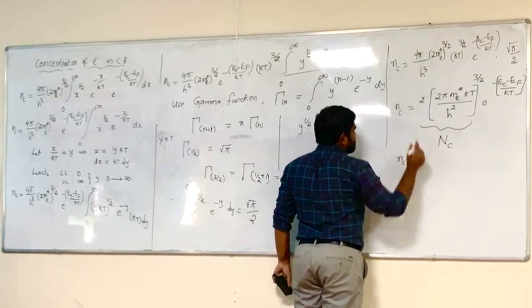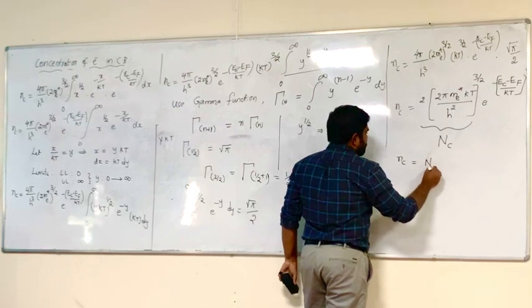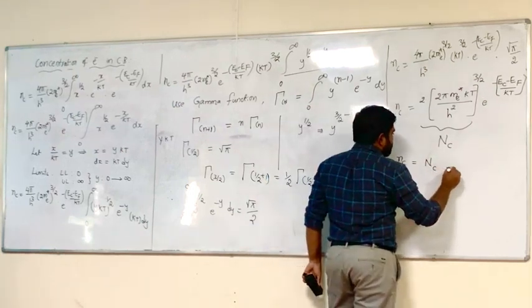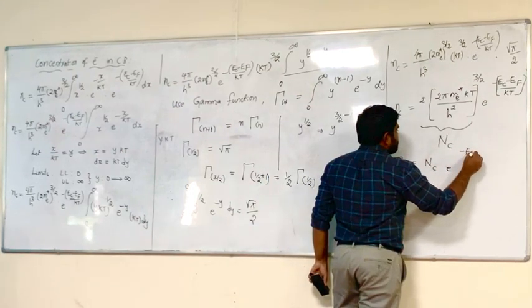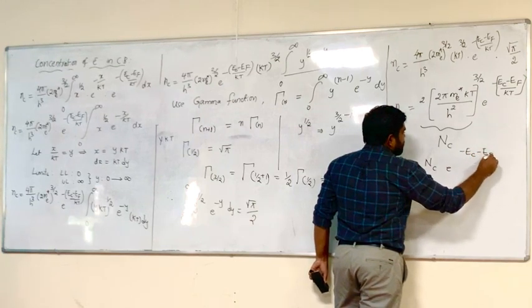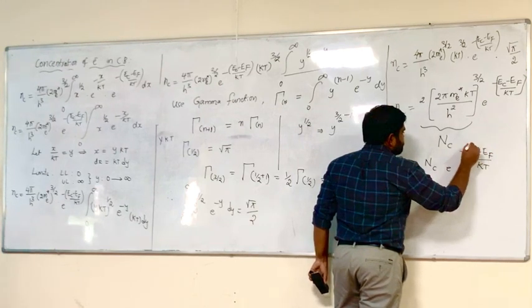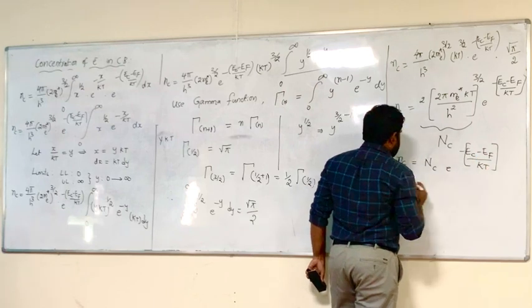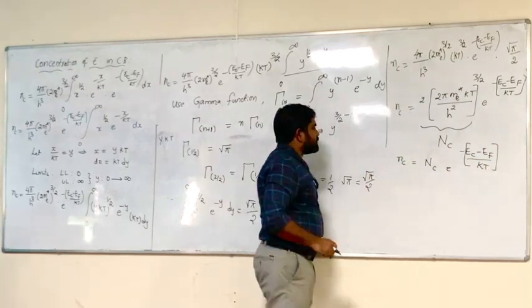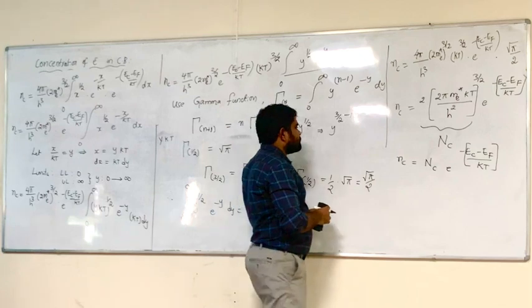So small nc is nothing but capital NC into e to the power minus (Ec minus Ef) by kT. This is actually the concentration of electrons.